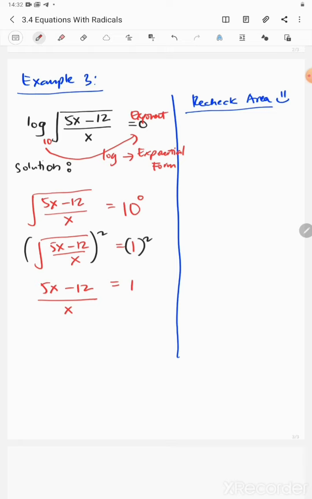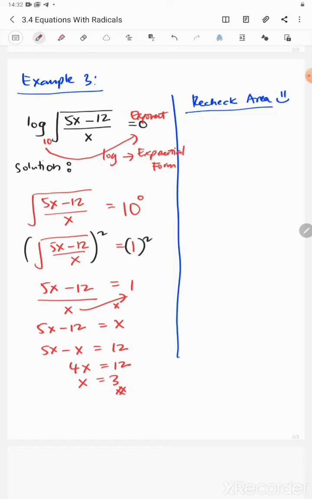We square 1, we get 1. And here 5x minus 12 equal to, the x moving up becomes multiply, so 1 multiply x, we get x. The x value must be at the left side, so 5x minus x equal to 12. 5x minus x, we get 4x equal to 12. We want x only, so 4 going to the right becomes divide, 12 over 4, we get 3.